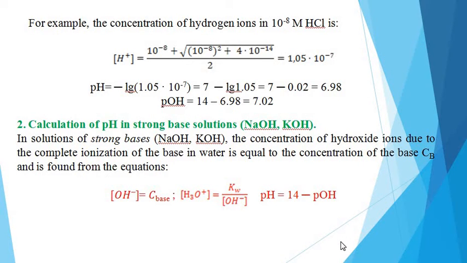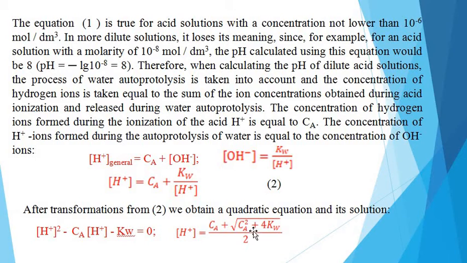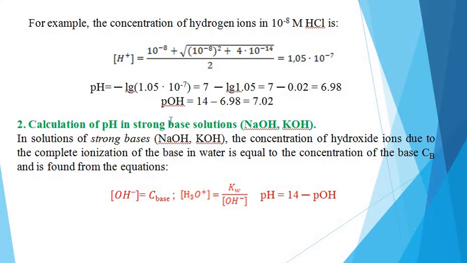For example, the concentration of hydrogen ions in a 10 to the minus 8 power molar hydrogen chloride solution. Instead of the formula we write the values of the calculation.